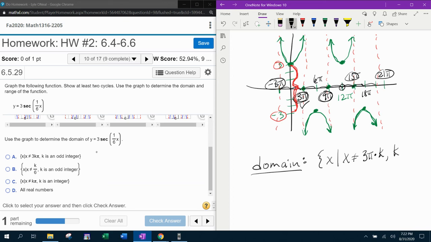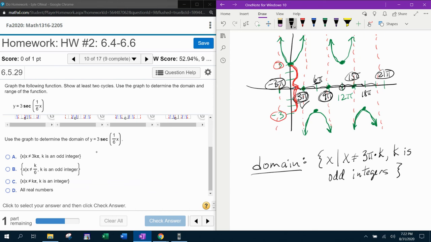And then what if k is 2? 3 times 2 would give me 6 pi, but 6 pi is not an asymptote, okay? I've got to actually jump to 9, so k would have to be 3. So it looks like k is going to have to be odd integers, okay? So let's count by odd numbers.